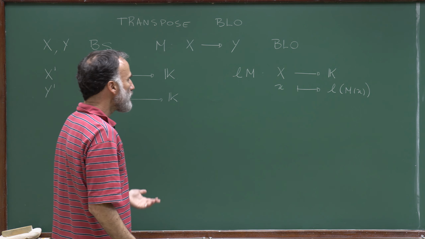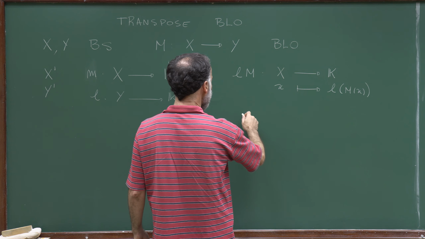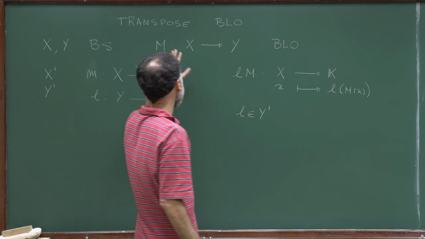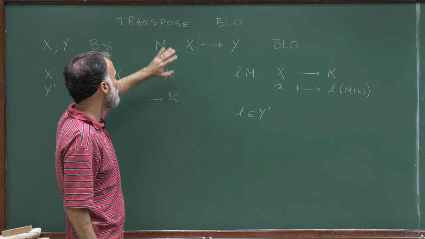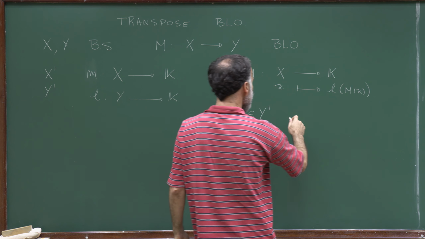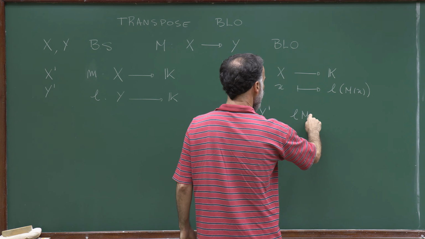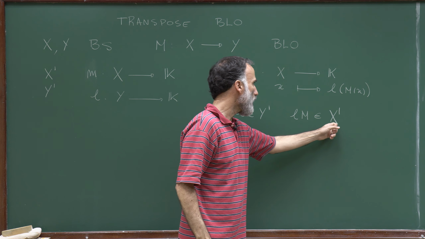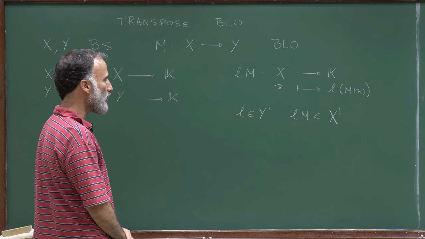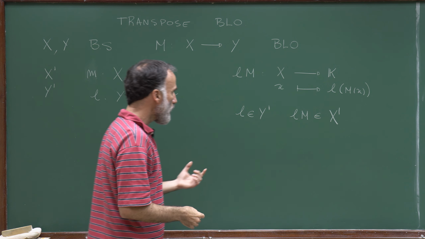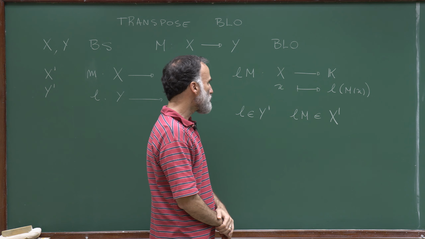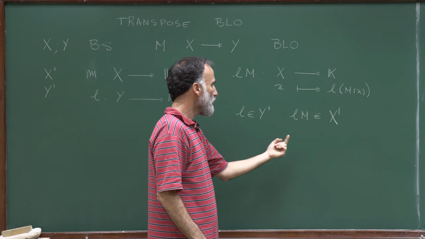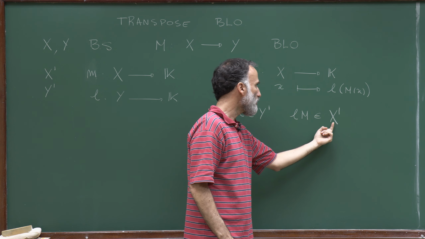Well, it is clear, and I leave it to you to check, that if L belongs to Y prime, and M is a fixed bounded linear operator, it won't change, then the composition L∘M is a bounded linear functional from X to K. So L∘M belongs to X prime. And so this composition maps a bounded linear functional from Y prime to a bounded linear functional from X prime.